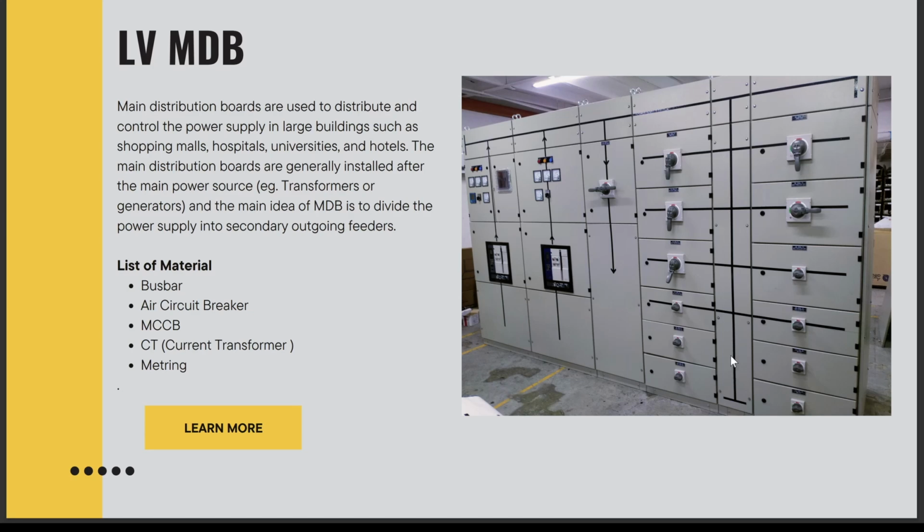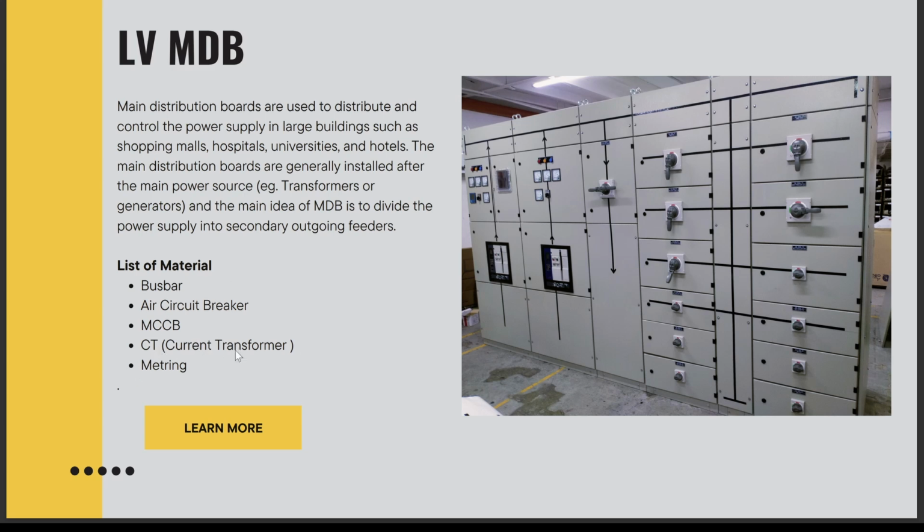These are all feeders. The busbar plays the major role in the switchgear field; the busbar is a main component. We will learn about this busbar also. And air circuit breakers, these are all air circuit breakers. MCCBs, these are all MCCBs; we call them feeders.